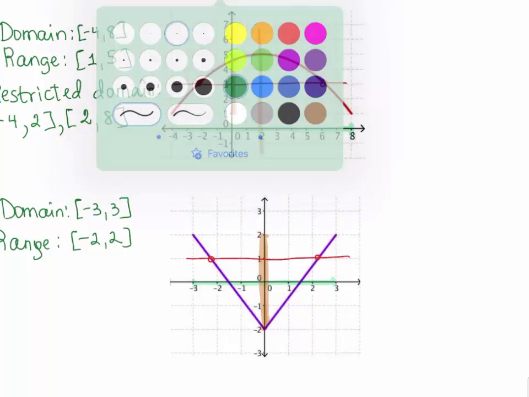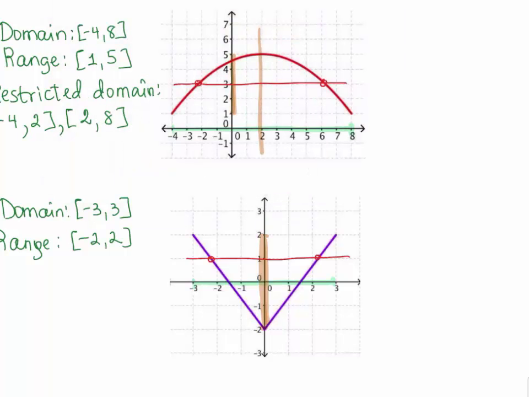Which means we need to restrict the domain of this function if we would like to find an inverse. So what is our restricted domain? Restricted domain would be from -3 to 0. That's the interval where we have this left branch of the V, right?